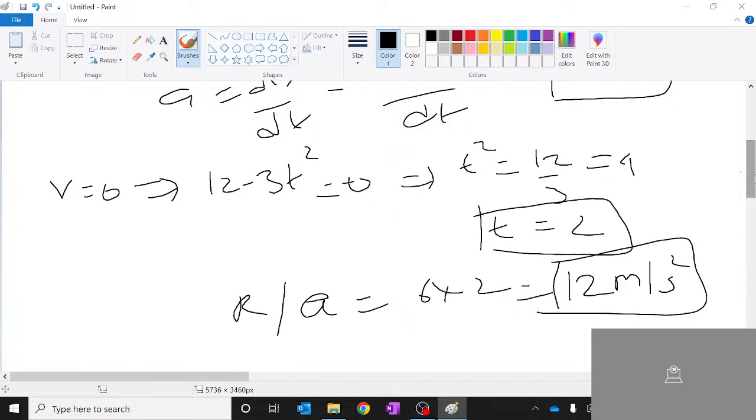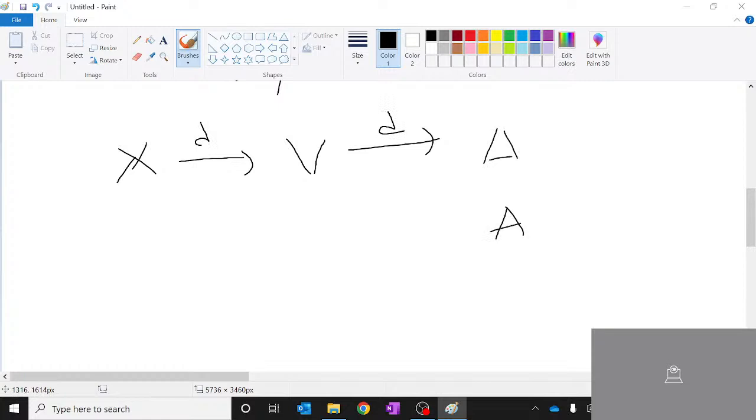So you've understood, if you've keenly looked at the concept, it is nothing but x, you differentiate, you get v, you differentiate, you get a, that is acceleration. Differential acceleration, you do integration, you get v, integration, you get x. As simple as that. Clear? Understood the concept? Any doubts?